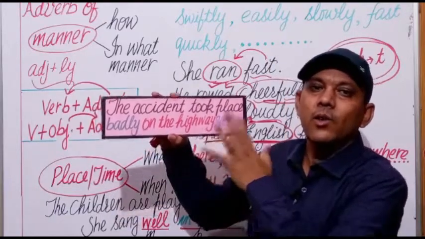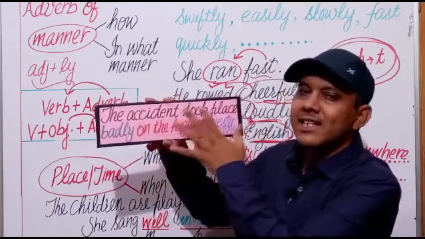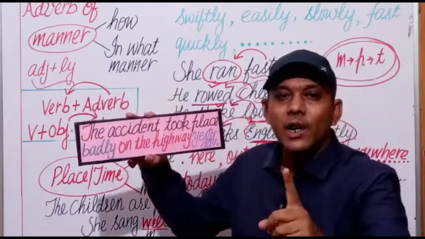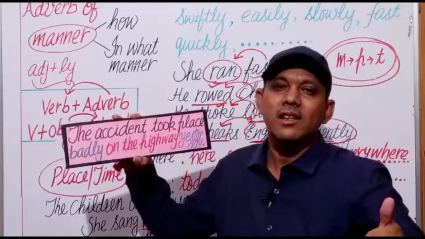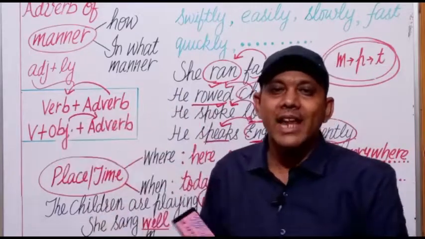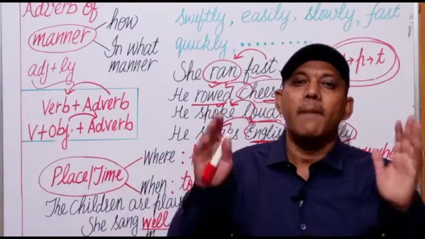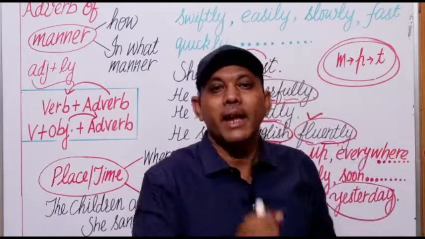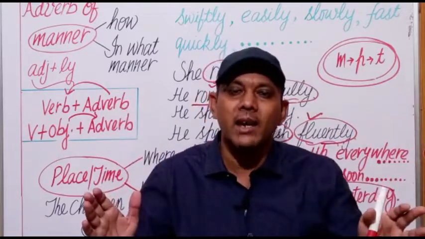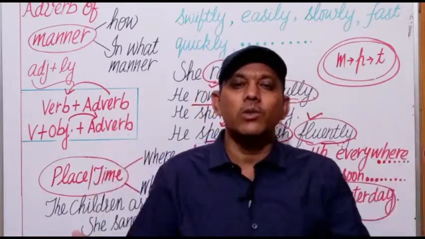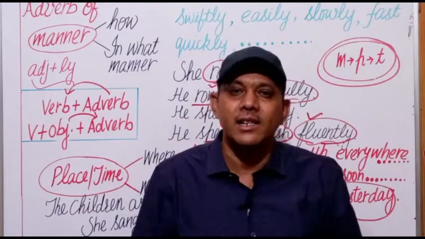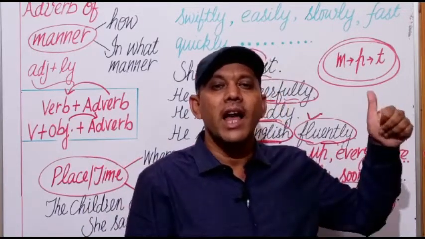Yesterday. We can write it: the accident took place badly on the highway yesterday. In this way, we can use adverb of manner, adverb of place and adverb of time collectively in a single sentence following the order of MPT.